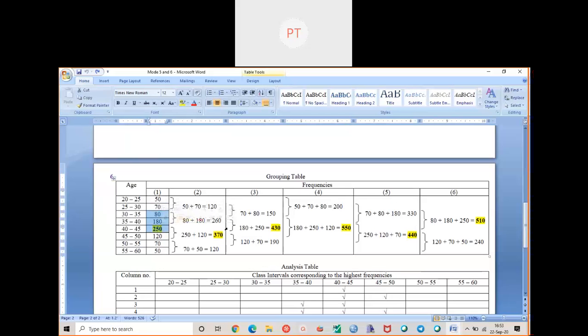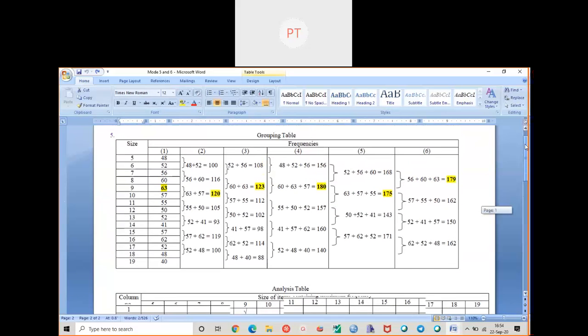This way we will prepare the grouping table for question number 6 also. Only, the data here has been provided in a continuous series, whereas in question number 5 the data was discrete data.